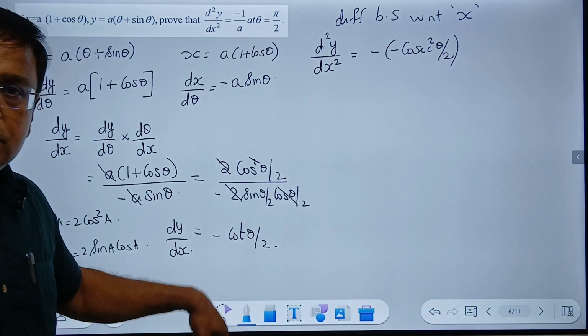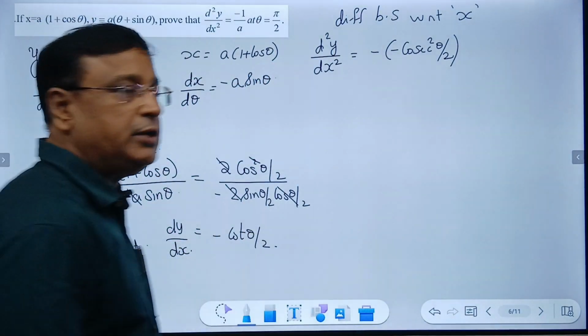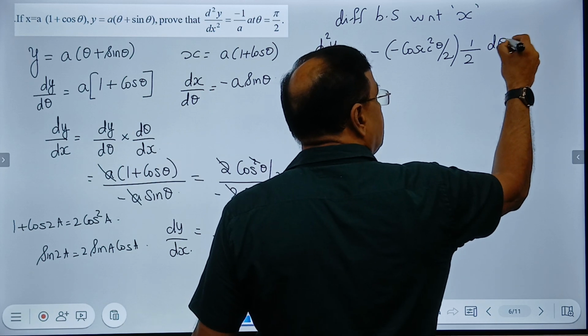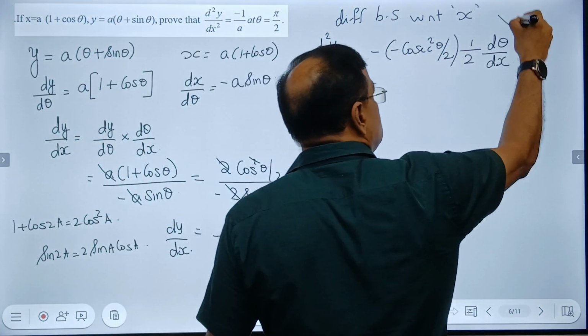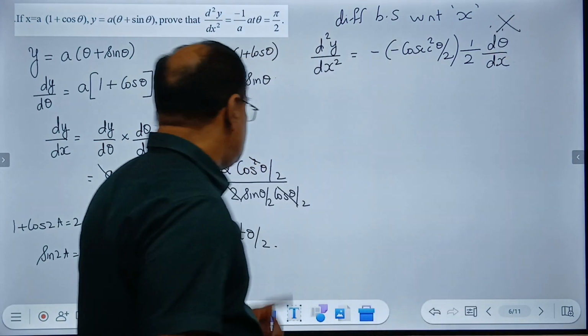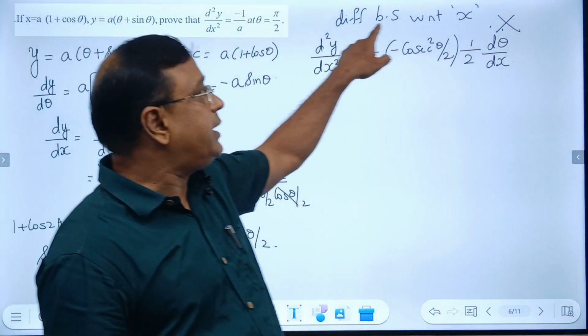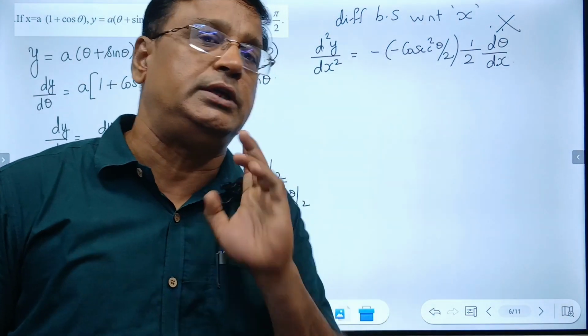Cot differentiation is minus cosecant square theta by 2. Now I have to differentiate theta by 2. So 1 by 2 is retained, and differentiation of theta with respect to x will be d theta by dx. This is something which you should never forget. You should not forget to differentiate theta with respect to x, because here, for the second order derivative, I am differentiating only with respect to x, not with respect to theta.